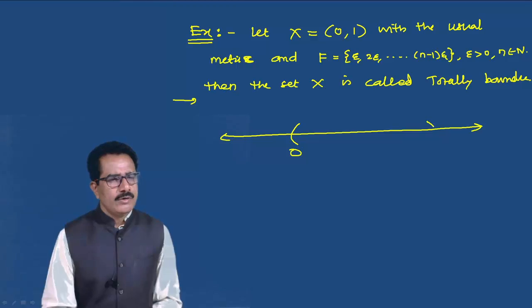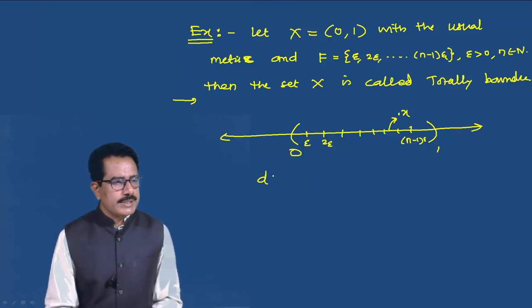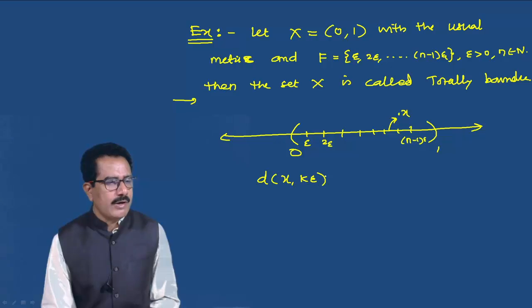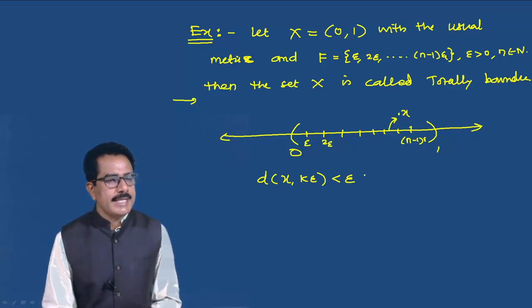This is 0, this is 1, then epsilon, 2 epsilon, and in this way up to (n minus 1) epsilon. Suppose there is a point x, then the distance of x and k epsilon is less than epsilon.